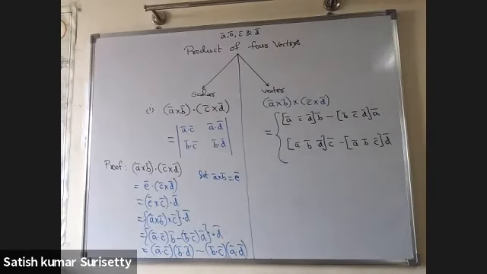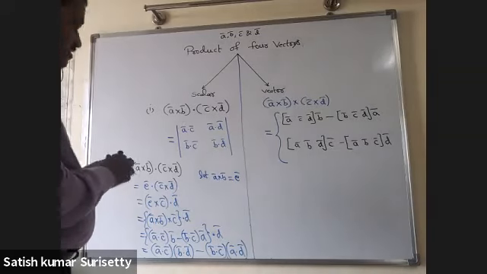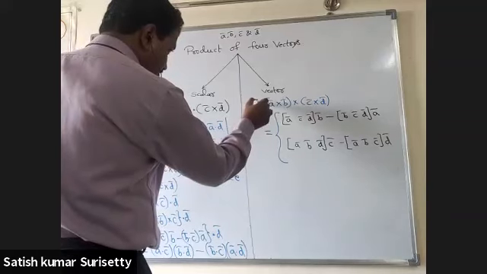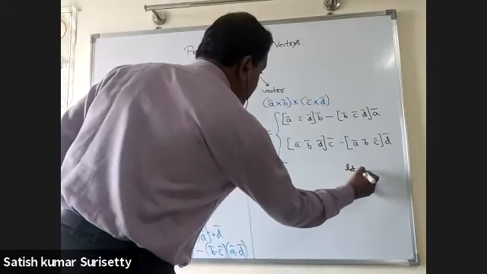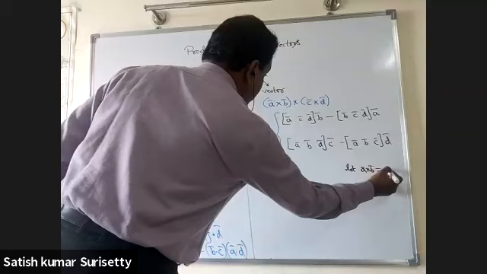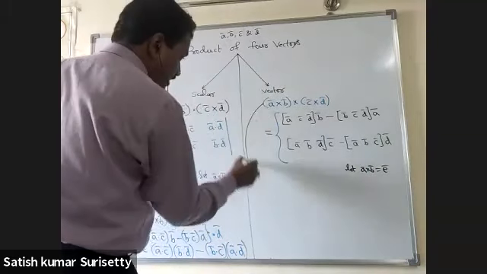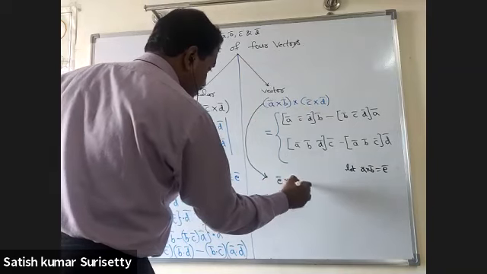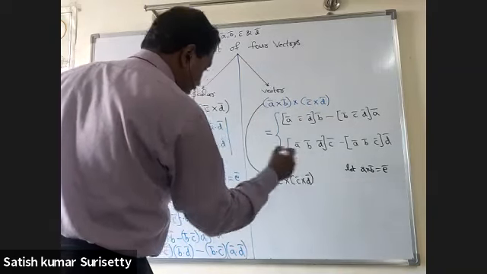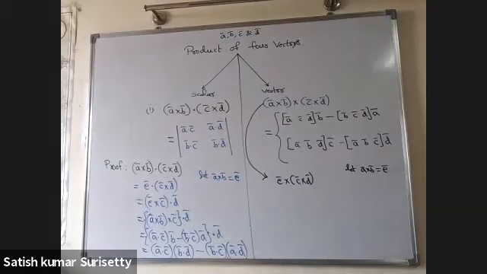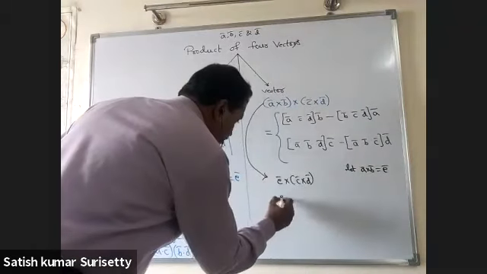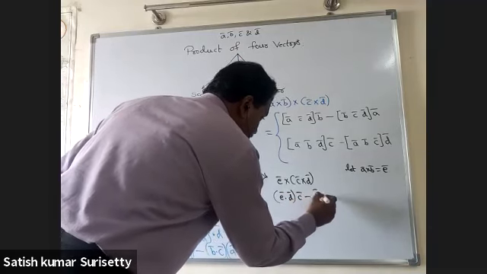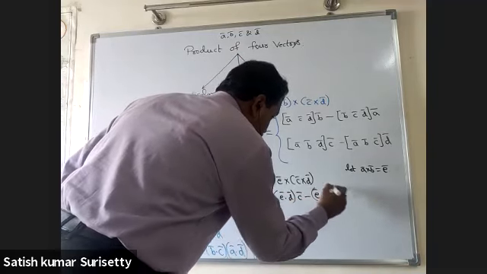Now exactly in the same manner, this also you can derive. So take the substitution A bar cross B bar equal to E bar. Then this can be written as E bar cross C bar cross D bar. So it will be a vector triple product: E bar dot D bar into C bar minus E bar dot C bar into D bar.